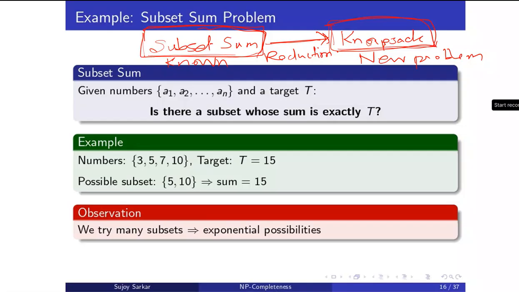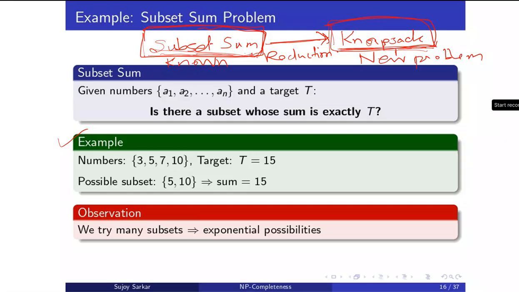Okay, so if knapsack can solve it easily, because I am converting the subset sum problem into the knapsack problem, then subset sum can also be solved easily. Okay. But if subset sum was difficult to solve, knapsack cannot solve it easily, because I am converting this problem into the knapsack problem. Okay, how will we do that?